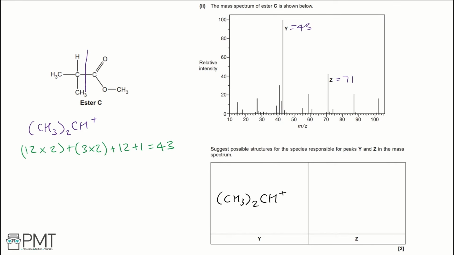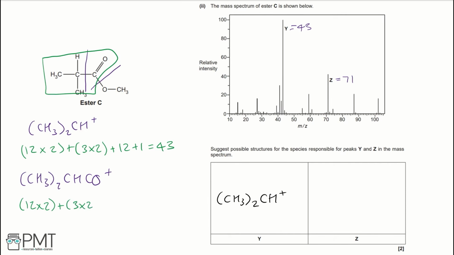Then looking for peak Z, we need something with a relative formula mass of 71. If we split midway through the ester link and we do the rest of the structure leading up, this would give us CH3 brackets 2CHCO+. So working out the relative formula mass, we would have 12 times 2 plus 3 times 2 plus 12 plus 1 plus 12 plus 16.